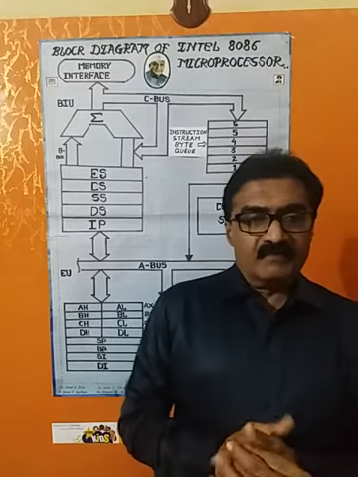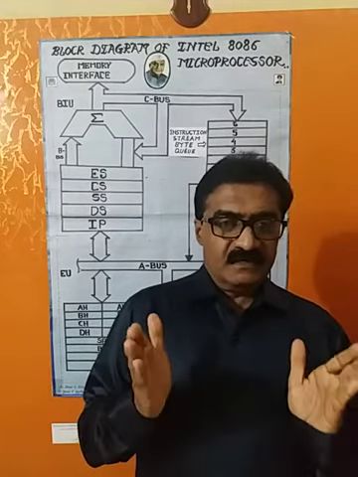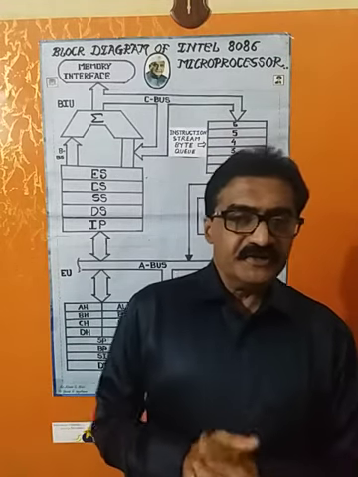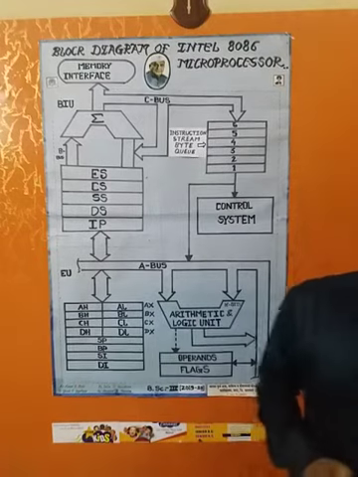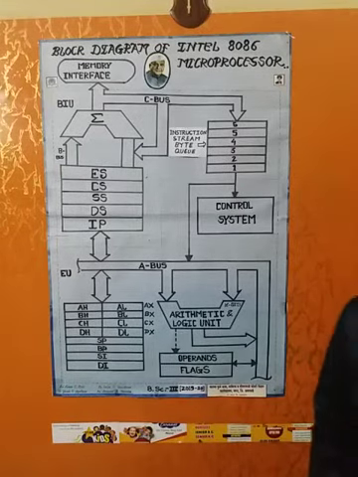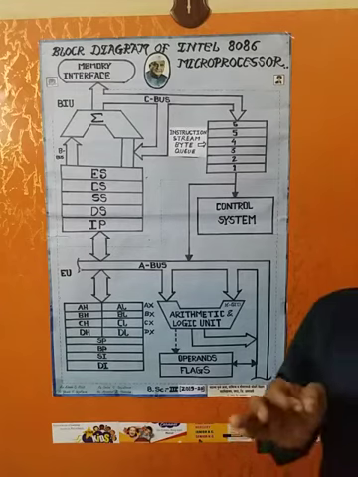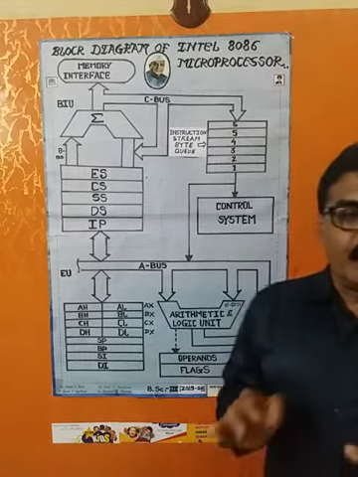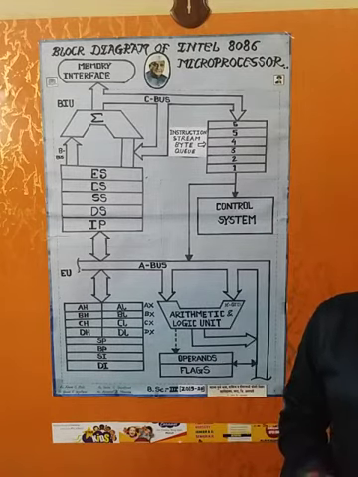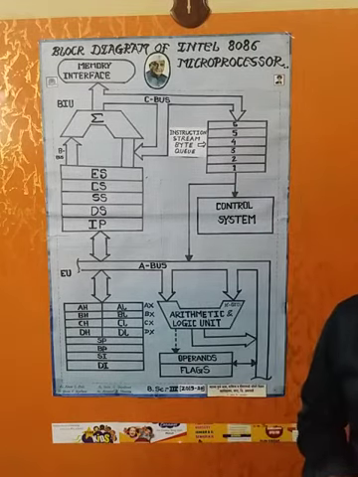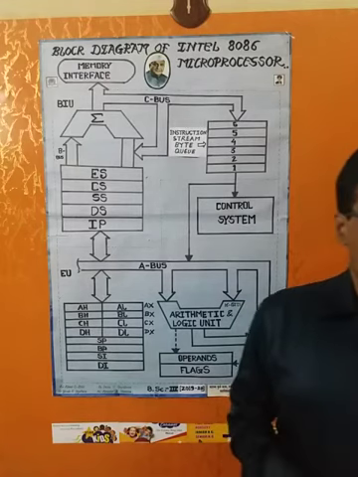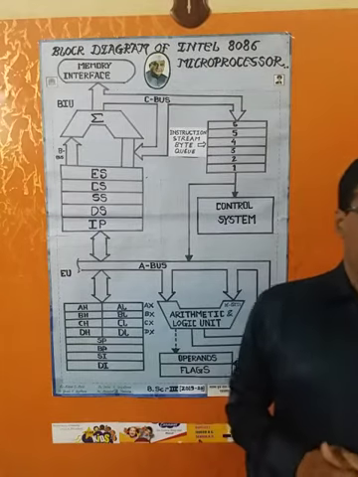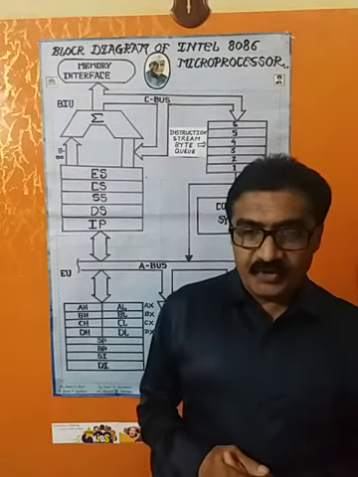What is the function of this execution unit? The execution unit receives prefetched instruction code from the queue, decodes it and then executes it. If the queue is empty, the EU waits until it gets at least one byte in the queue. After processing, the EU passes the result to the BIU for storage.